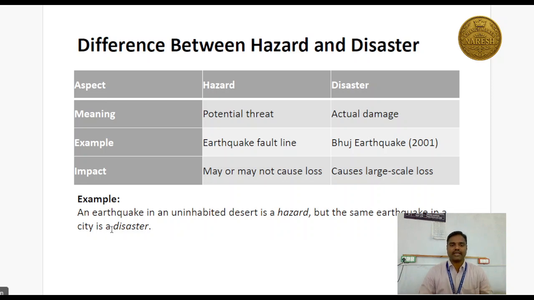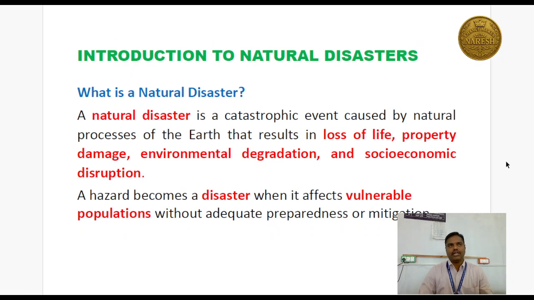Let me give you an example on that. As I said earlier, we discussed the example also. An earthquake in an uninhabited desert is a hazard, but the same earthquake in a city is a disaster. So that is the thing which we can see. Let me talk about the introduction of natural disasters. What are natural disasters?